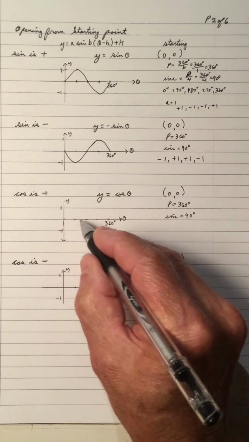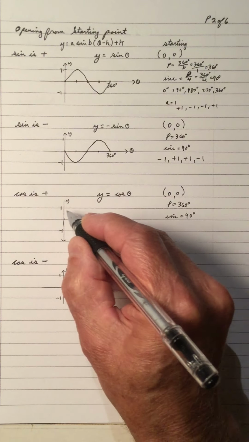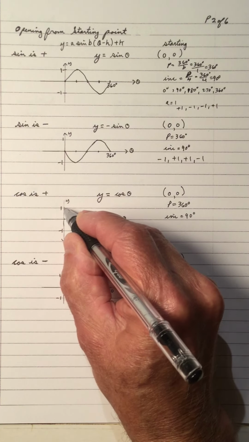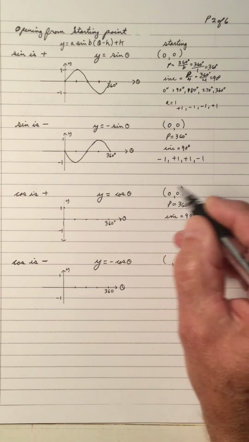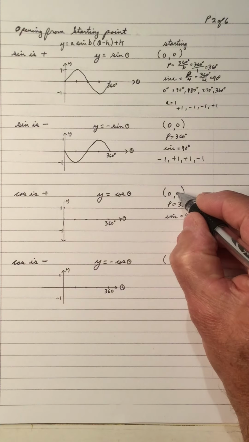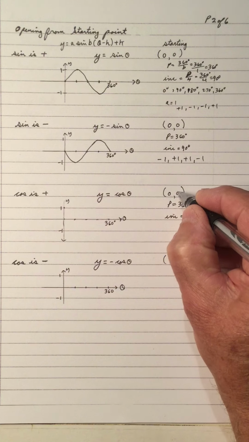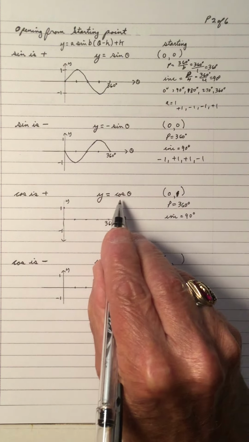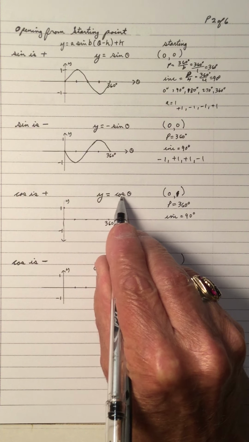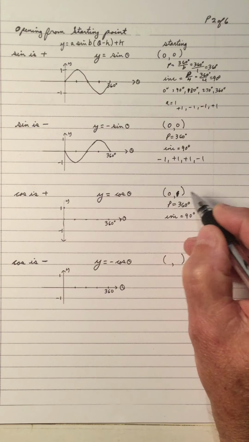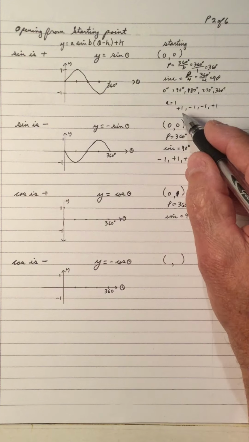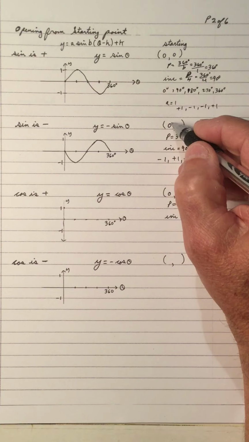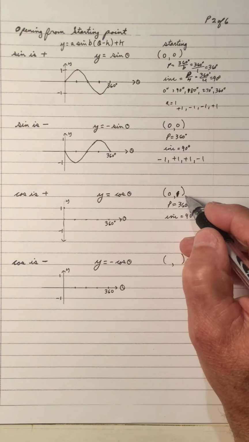But the cos starts right here. I said 0, 0, my mistake. The cos starts at 0, 1. Why? Because when I put a 0 in for cos, the cos of 0 is 1. Sorry for that. So sine starts at 0, 0, and cos starts at 0, 1.